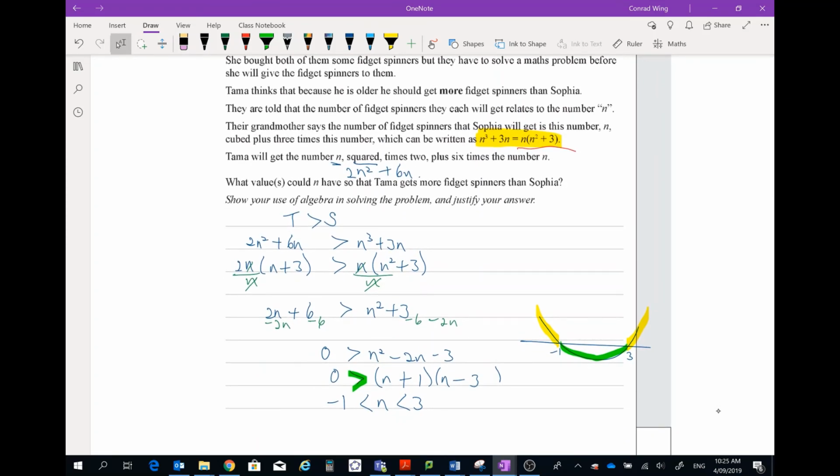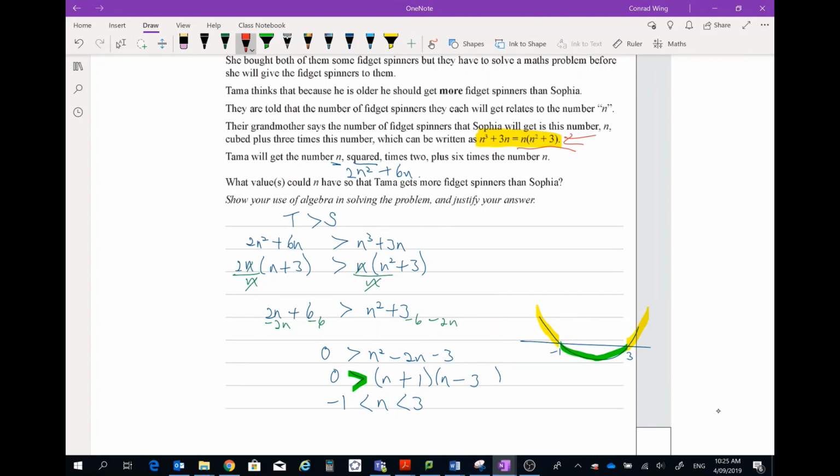The grandmother says the number of fidget spinners that Sophia will get is this number n cubed plus 3 times this number. So if you look at the formula, if n is 0, then she gets nothing. If n is negative 1, then she gets negative spinners. So she can't get negative spinners from her grandmother, can she?